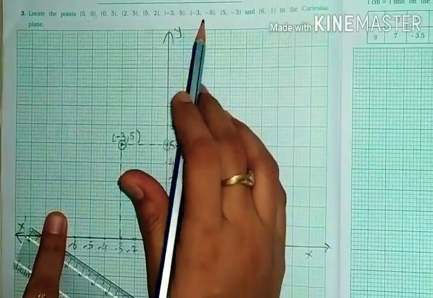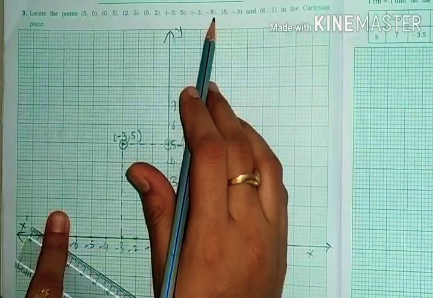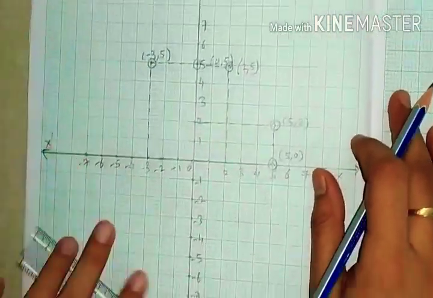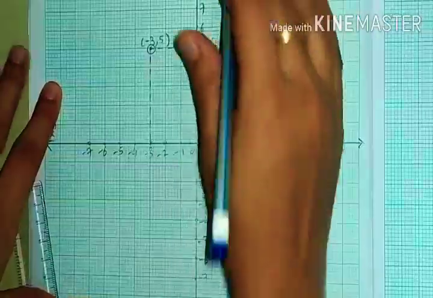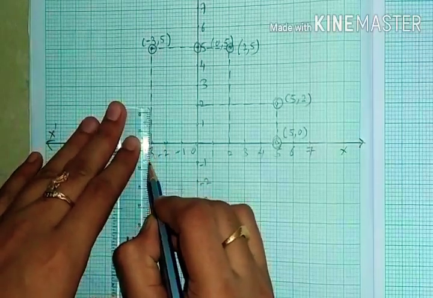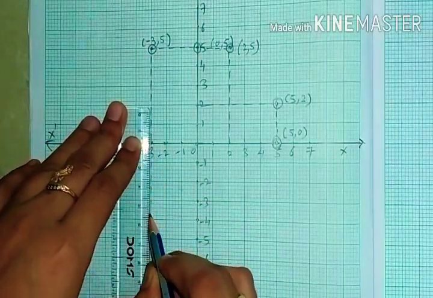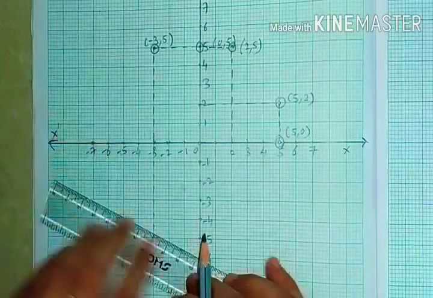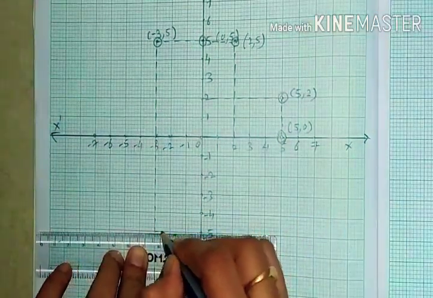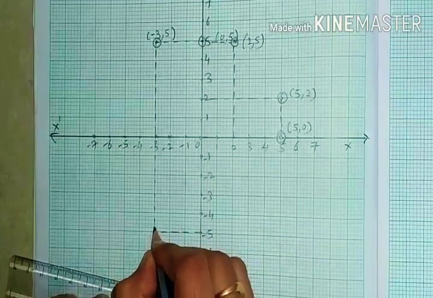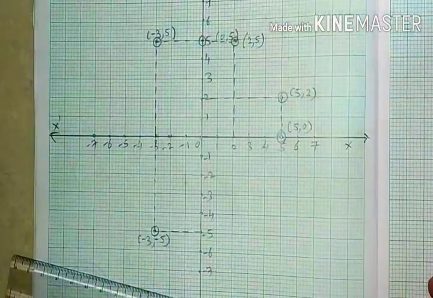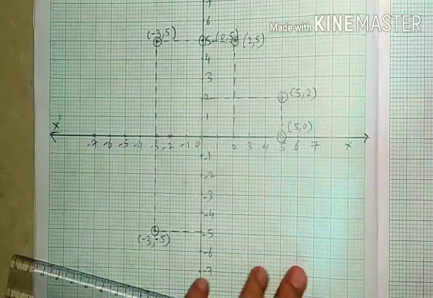Both coordinates of this point are negative, therefore it is located in the third quadrant. -3, -5, -1, -2, -3 and you have to take -5. (-3, -5). It's very simple, friends. You can easily do it.